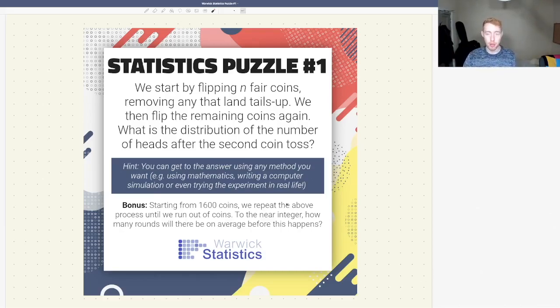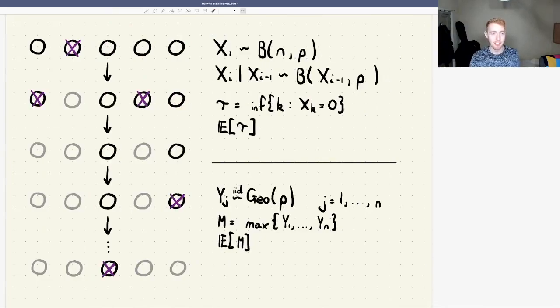You can also model this as a Markov chain and use standard Markov chain methods to figure out what the average hitting time of 0 is going to be. But there's actually a way of doing this more mathematically. And it uses the same idea as before, that rather than discarding the coins, we just mark them as being removed.